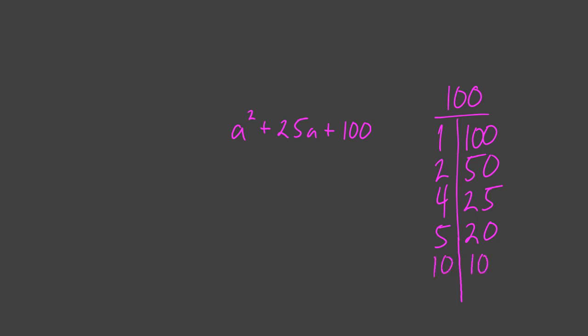Yeah, 10 goes in. Now there are no more numbers between 10 and 10, so we know we've exhausted our factors, and it looks like 5 and 20 will add up to 25. A plus 5, a plus 20, and we are done.